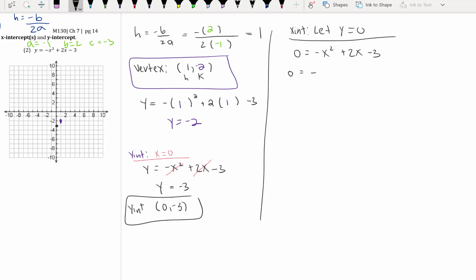If I attempt to factor this, I'm going to factor out a negative 1. So I have x squared minus 2x plus 3. So I have x times x, which is x squared, 3 times 1, which is 3.